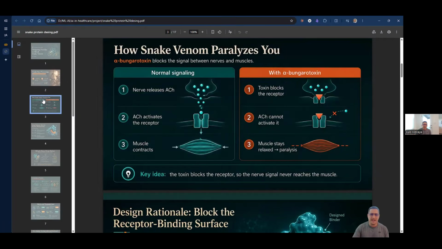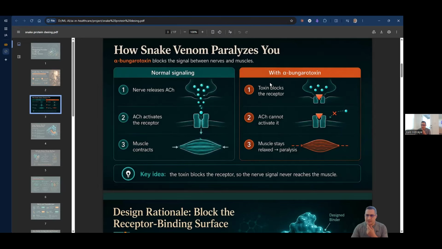The snake venom paralyzes, and this happens in just a family of snakes called elapids, which kill by paralyzing the animals. Normally the nerve communicates to the muscles through ACh, and the muscle has a receptor for ACh that makes the muscle contract.